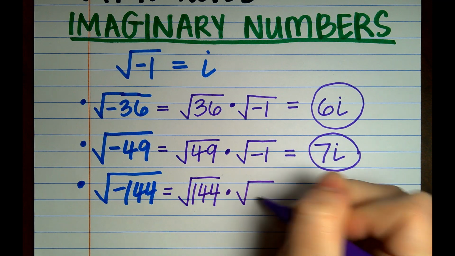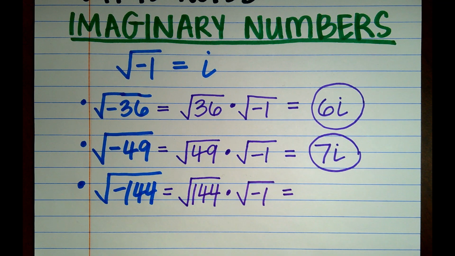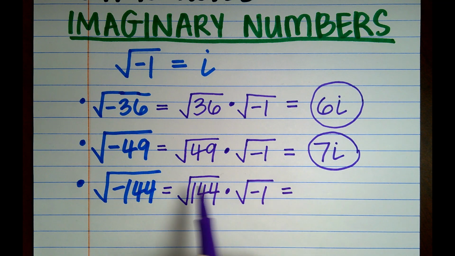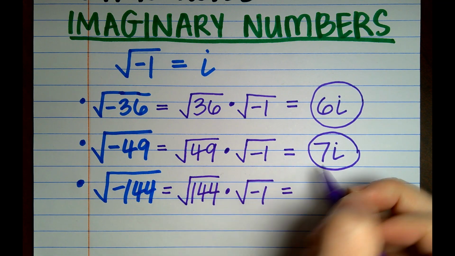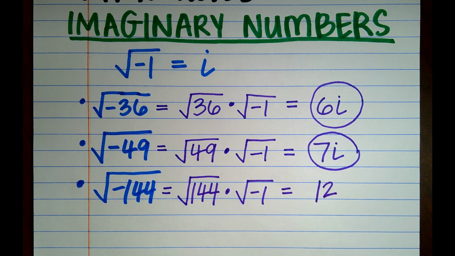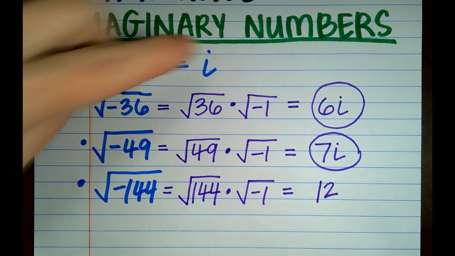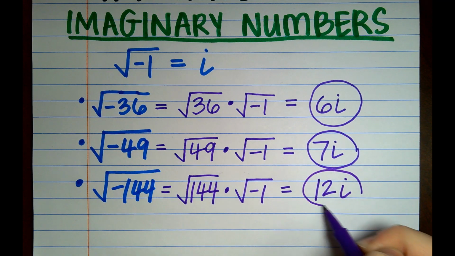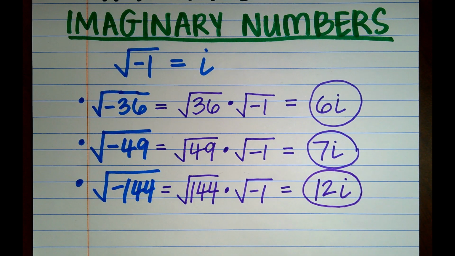Perfect. Equals 12i. Good. The square root of 144 is 12. The square root of negative 1 is imaginary. It's i. So 12i would be the answer.